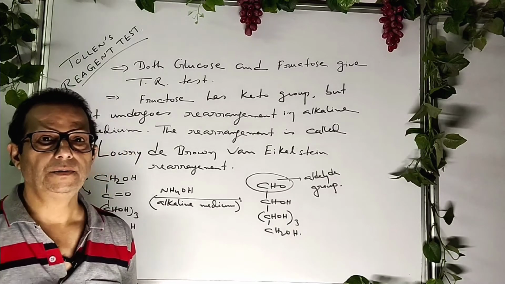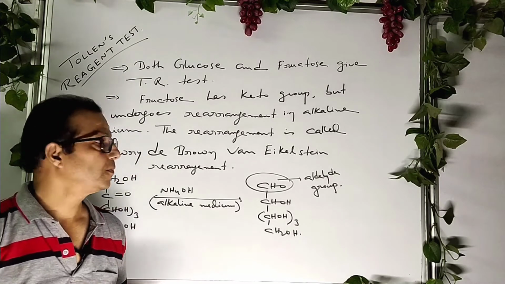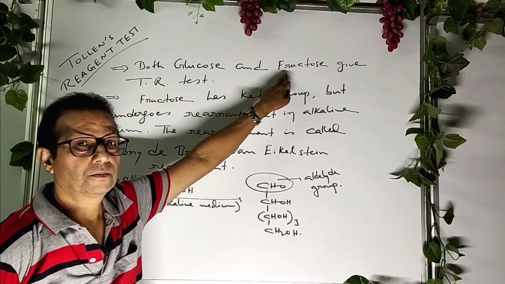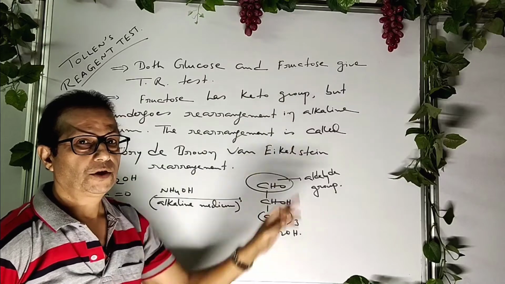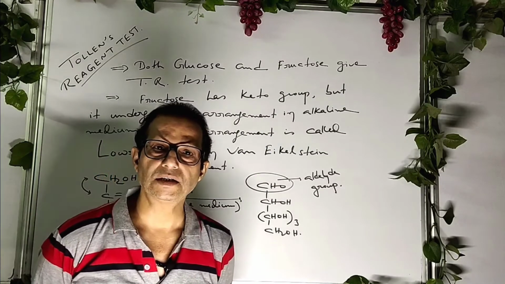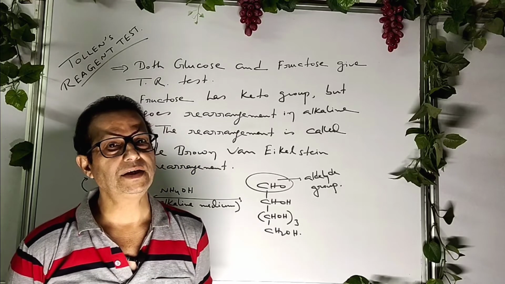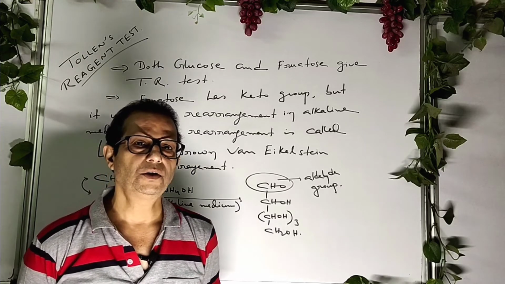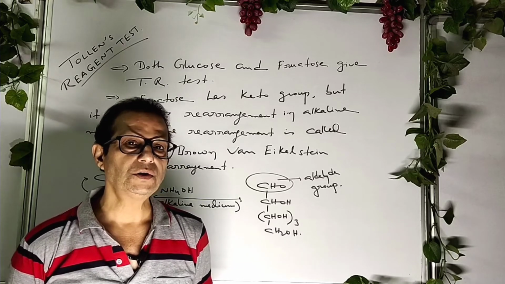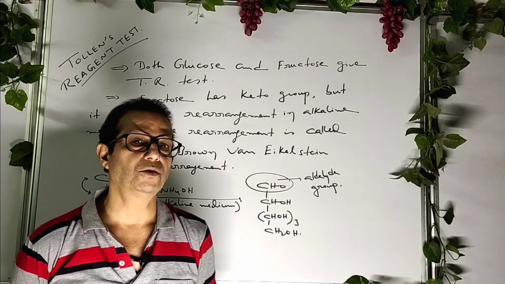So you see, both glucose and fructose undergo Tollens reagent test. You know that glucose has aldehyde group, so it easily undergoes Tollens reagent test. But fructose has no aldehyde group.